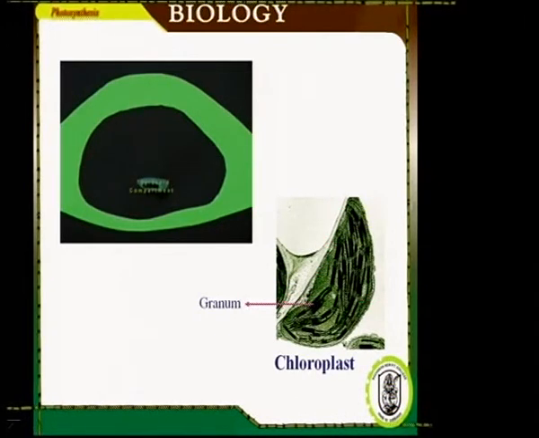Each chloroplast has 40 to 60 grana, and embedded in the stroma are the thylakoids, that is the stacks of thylakoids, which are referred to as granum, and you have 40 to 60 grana in a chloroplast.